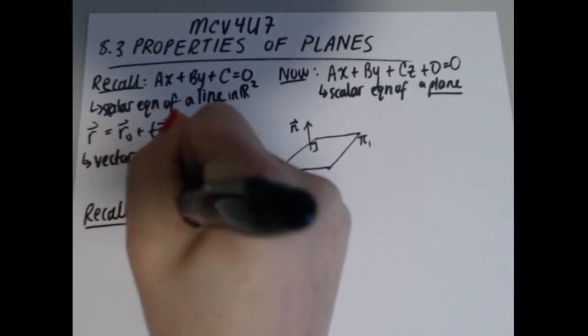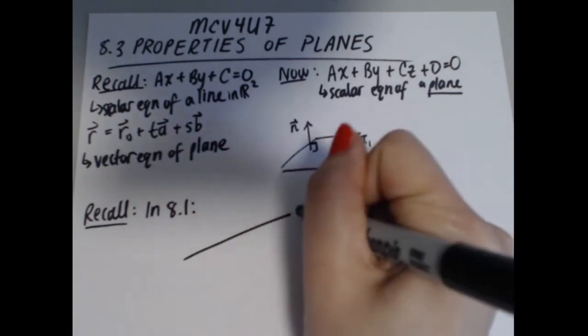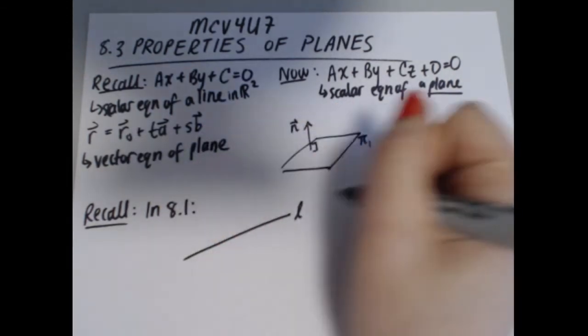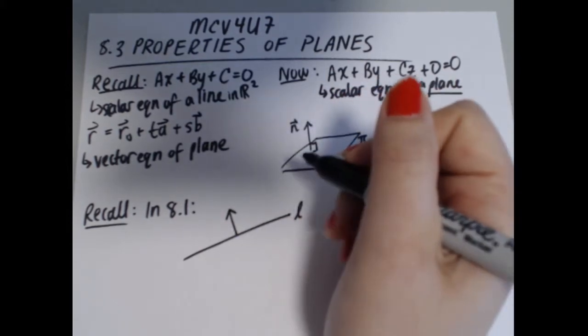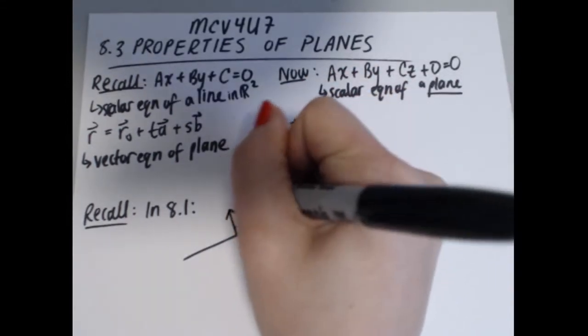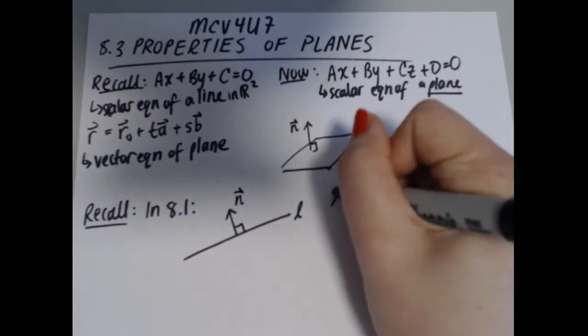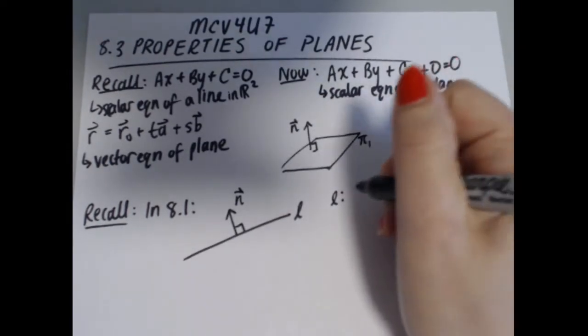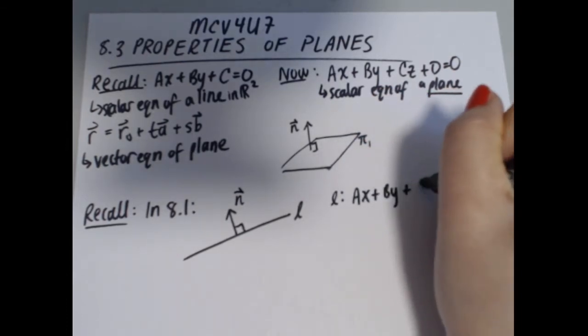Recall, in 8.1, you saw the following. We said that if we have a line, L, then you can determine what the normal is to that line. Again, it's perpendicular, so there's my n. And then we said, consider that the line is expressed by the equation ax plus by plus c is equal to 0.